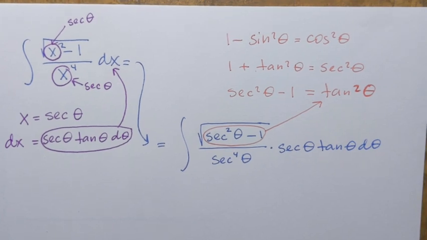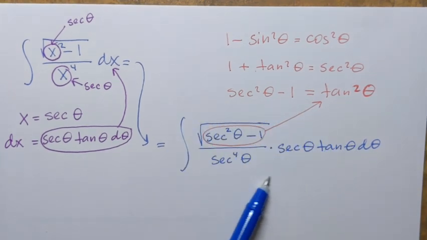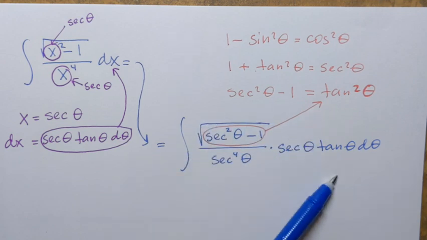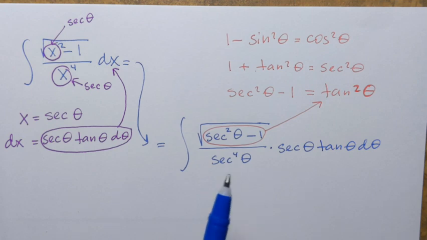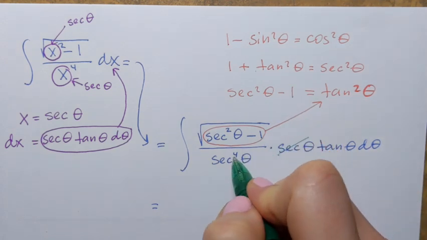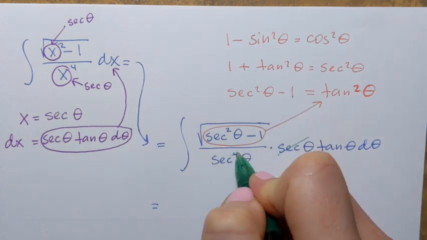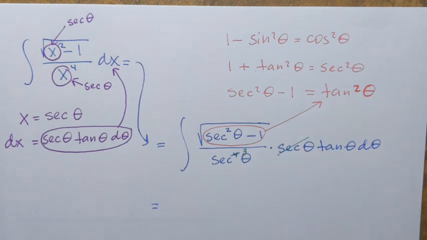Okay, so now everything is in terms of theta, and hopefully you already can sense how a lot of things will simplify here, right? It's going to be a trigonometric simplification, so let's see what we're going to obtain. Well, I can already see that, for instance, that secant theta can be divided out with one of the secants from the denominator, so the power becomes 3, right?